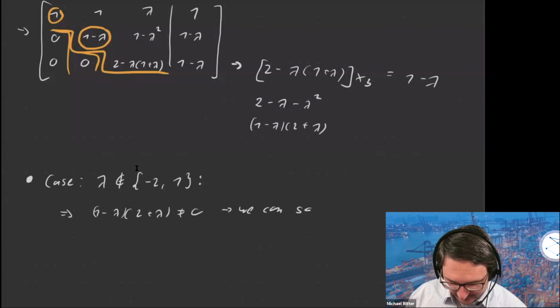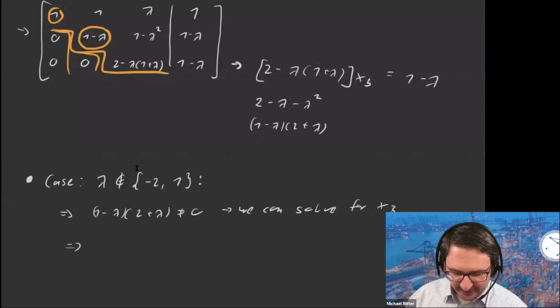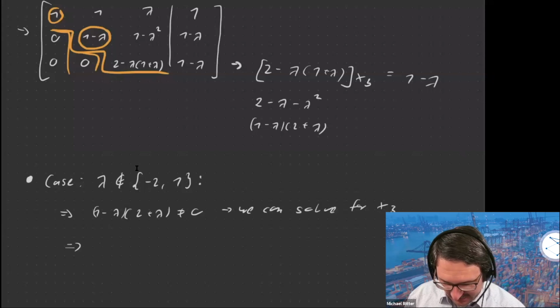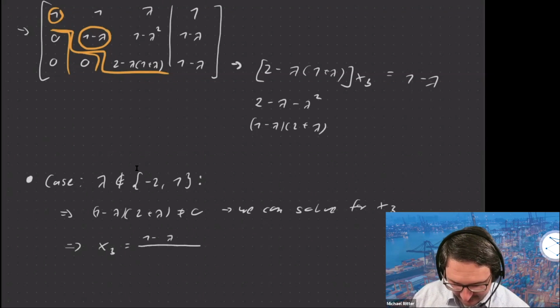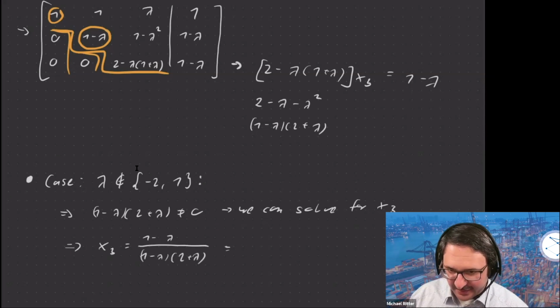So we can solve for x3. And what we get is x3 is 1 minus lambda divided by 1 minus lambda times 2 plus lambda, and that is 1 over 2 plus lambda.